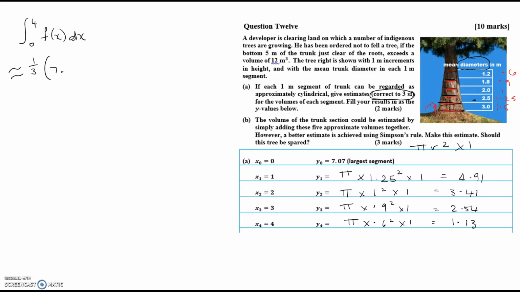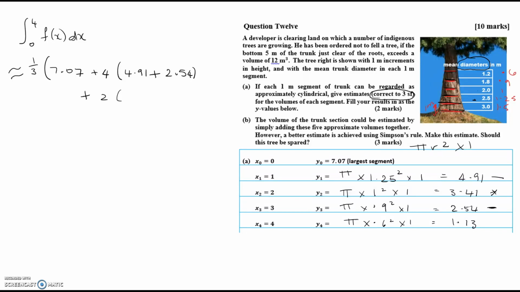That was the first one. Plus 4 times this one and this one. So 4 times 4.91 plus 2.54. Plus 2 times this one.